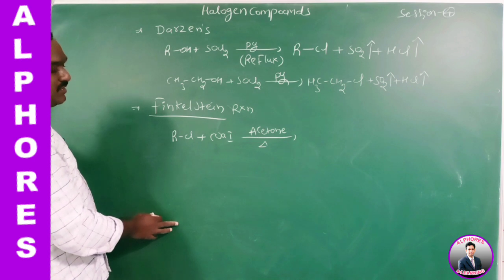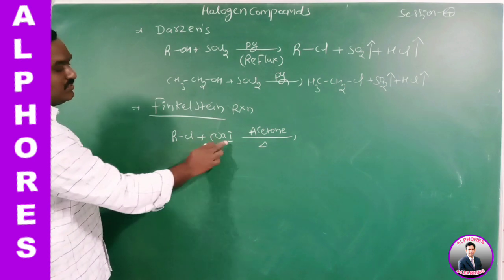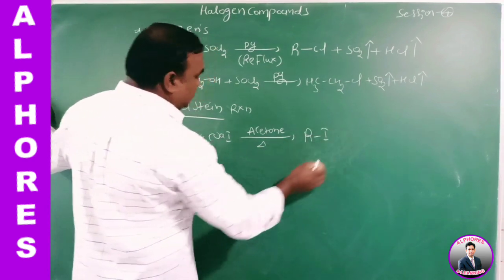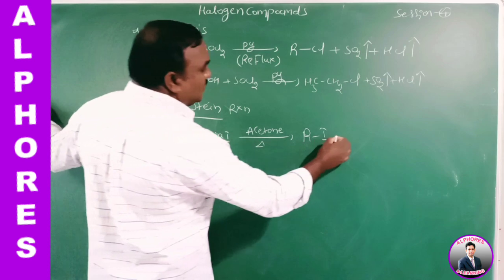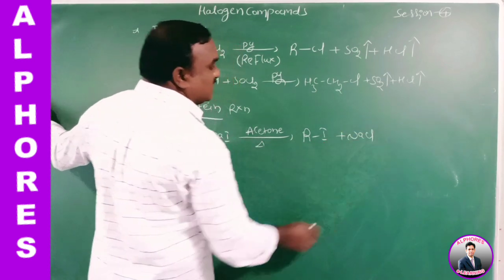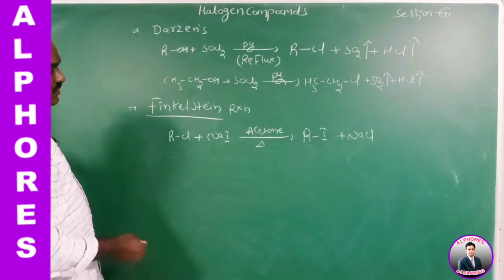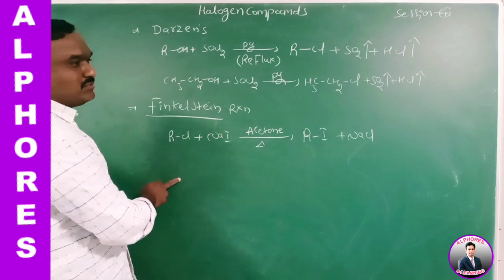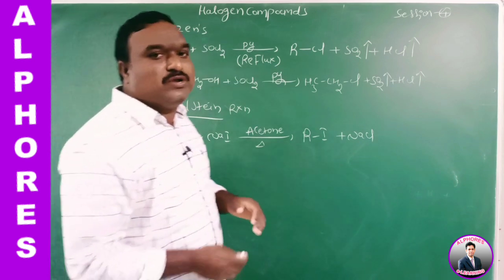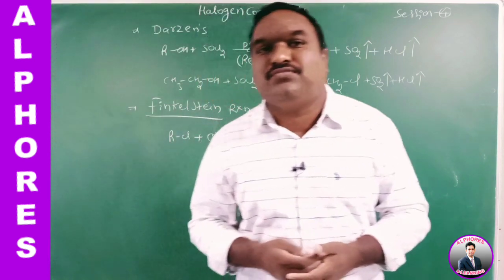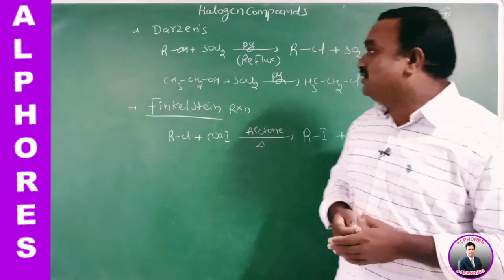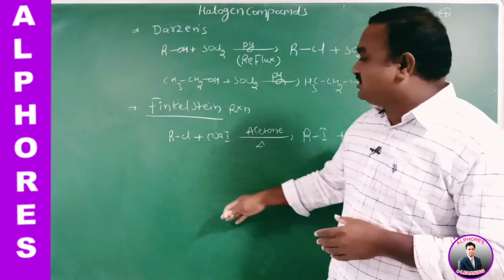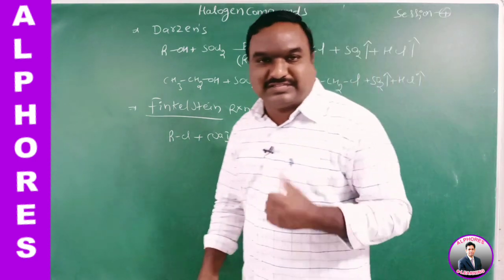Which is replaced here? The more electronegative group is replaced by the less electronegative group. That means RI plus NaCl. The byproduct is NaCl. So alkyl chloride or alkyl bromide compounds react with sodium iodide in the presence of acetone medium to form alkyl iodides, which is called the Finkelstein reaction. That means the more electronegative group is replaced by the less electronegative group in this case.